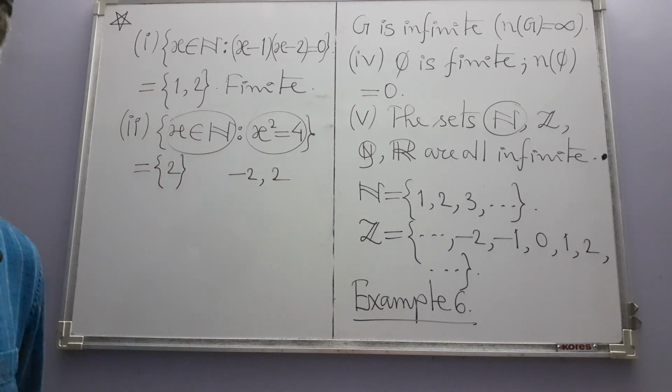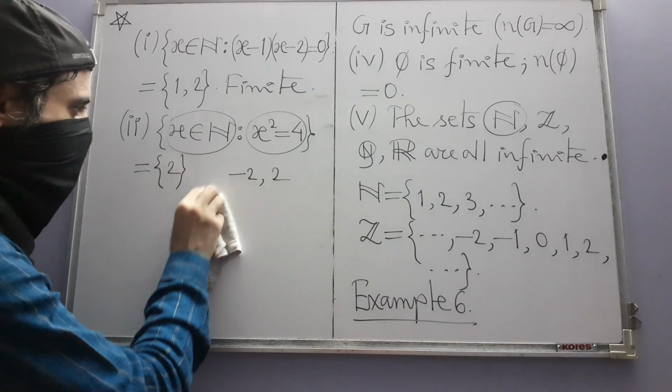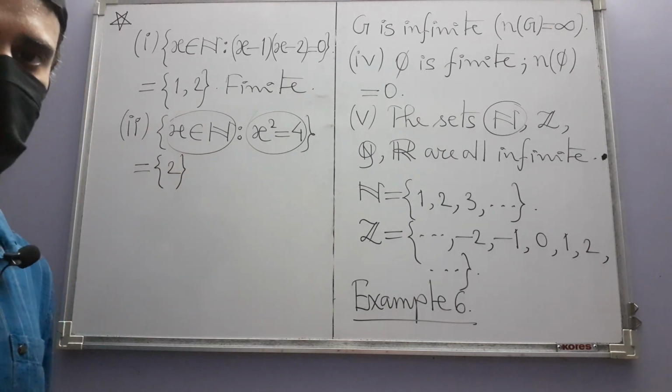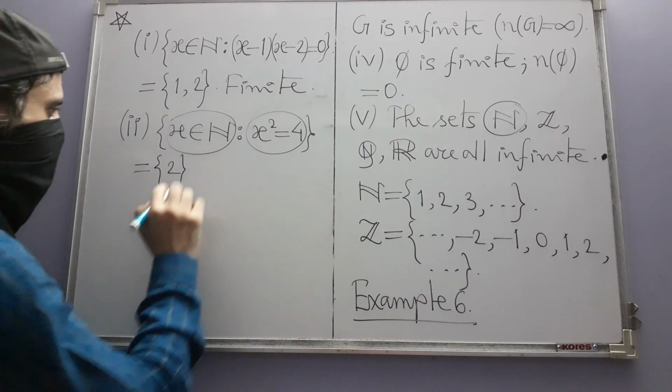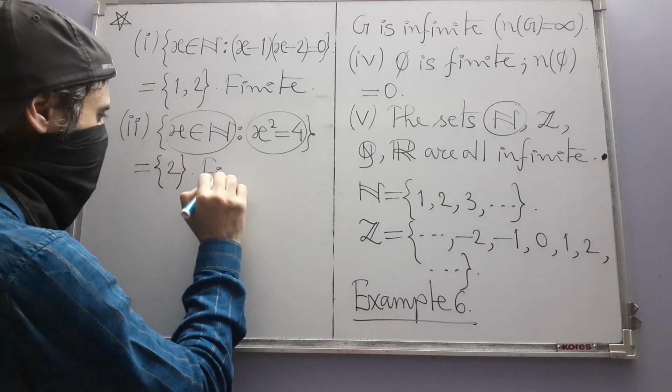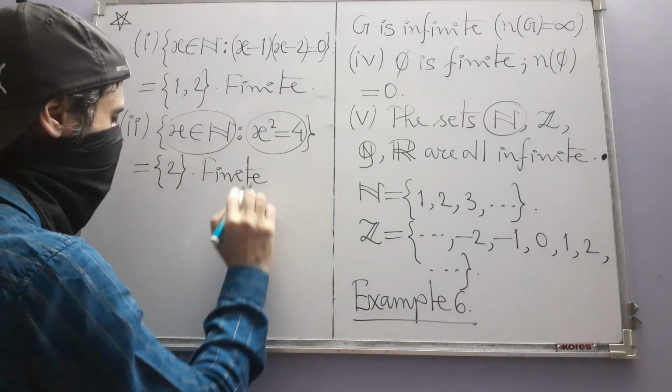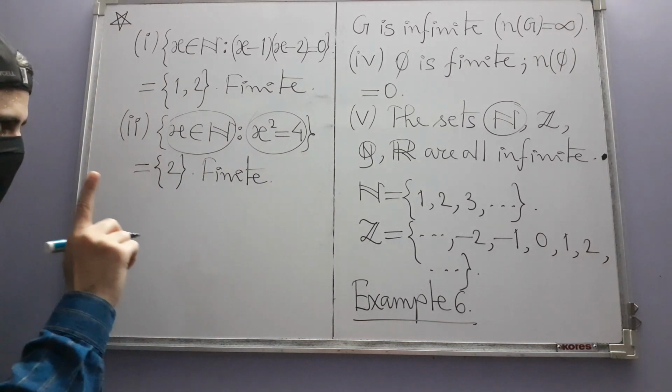It's not a natural number, it's an integer, but we have been asked about natural numbers only. So this is also a finite set, and the number of elements in it is 1.